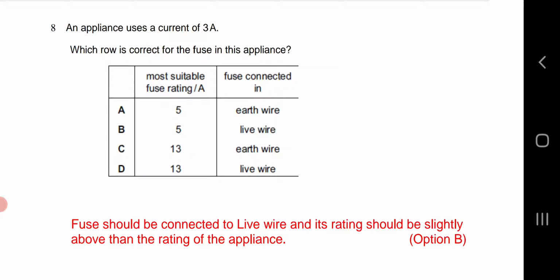Fuse and switch are both always connected with the live wire. So the fuse should be connected in the live wire, number 1. And number 2, as the appliance rating is 3 amperes, the fuse rating should be slightly above the appliance rating. So 5 ampere should be the rating of the fuse and it should be connected with the live wire. It's option B.